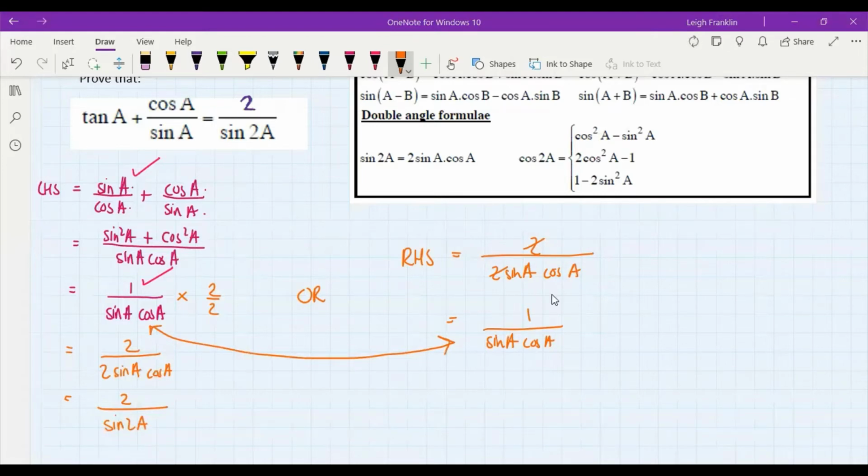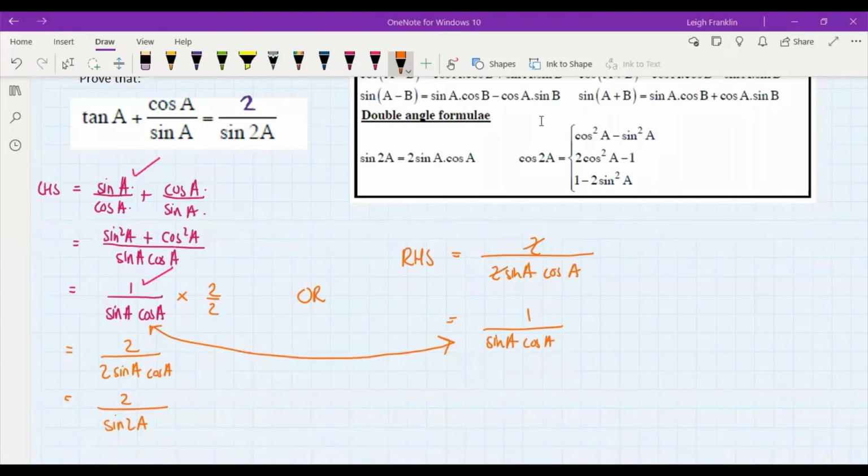Kulani asked what was allowed. You mean where I multiplied by 2 over 2? Yes, Kulani, that's allowed. Why am I allowed to do that? Because what am I really multiplying 1 over sine A cos A with if I multiply it by 2 over 2?